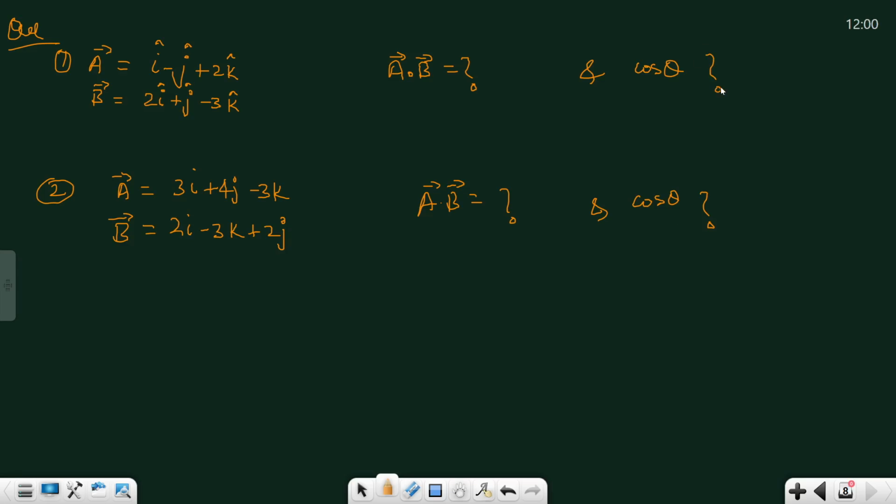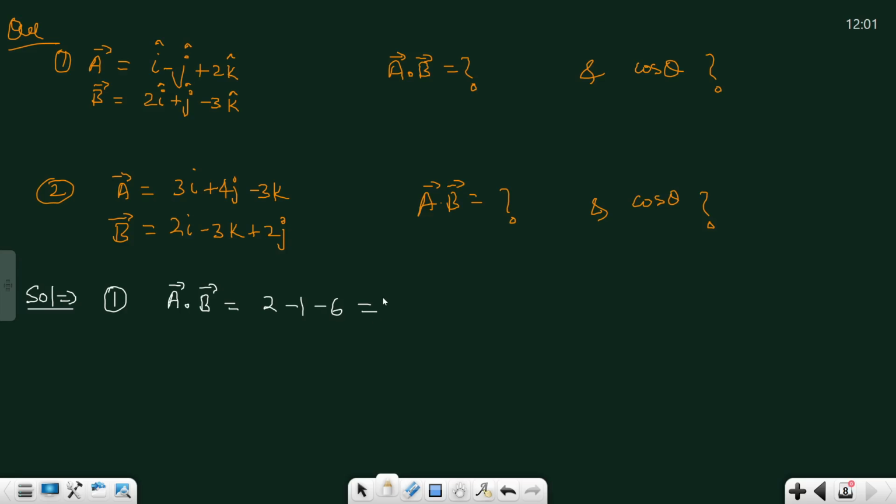Let's start with the first one. First we will calculate A dot B, so that's simple. When you multiply I with I you will get 2, minus J with plus J it will become minus 1, and 2 with minus 3 is 6.